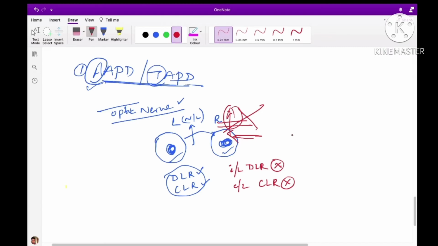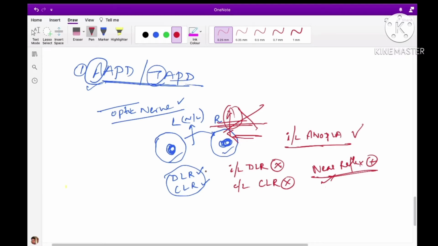There will also be ipsilateral amaurosis: if the right eye is involved, the right eye is completely blind. But what is preserved? The near reflex is preserved. For the near reflex to occur, vision is not a prerequisite.